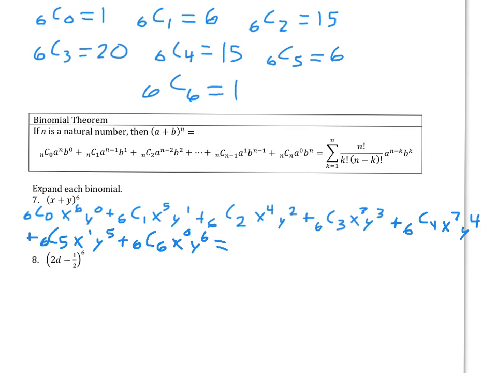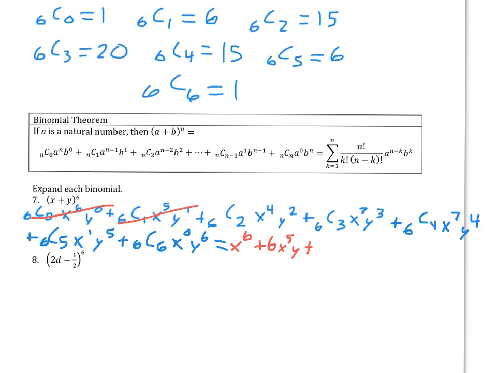6C0 is 1. 1 times x to the 6th times 1 is x to the 6th. 6C1, alright, so we took care of this one. 6C1 is 6 times x to the 5th times y. Did that one.